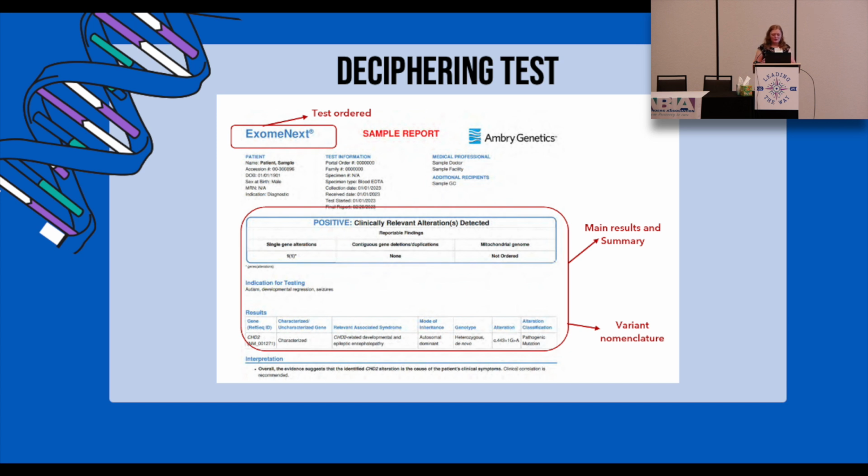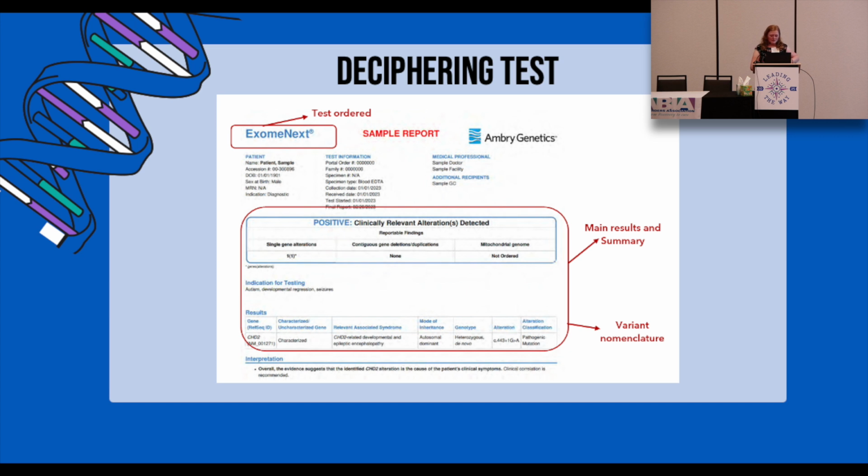Regardless of what the test was ordered, it will say positive or uncertain right here, or negative, depending on maybe you did a panel earlier on and it didn't include the gene that your child has a change in. But this will be the result, and it will list out what the gene is, or what type of result it is.